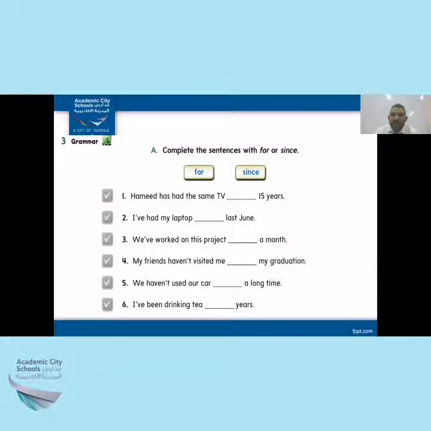Here we have, after the space, 15 years. So we use what? Excellent. We use for 15 years. 15 years is a period of time.